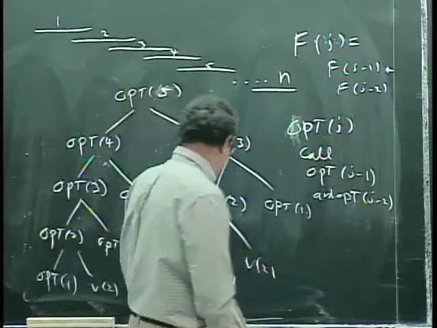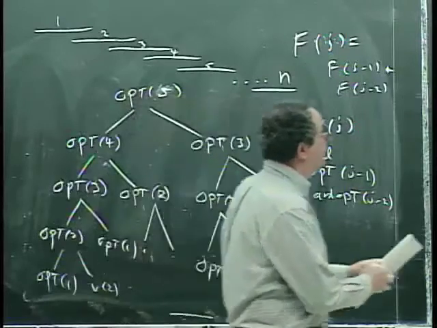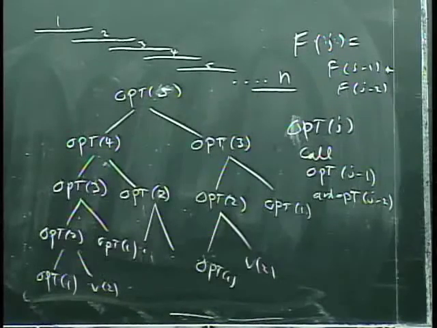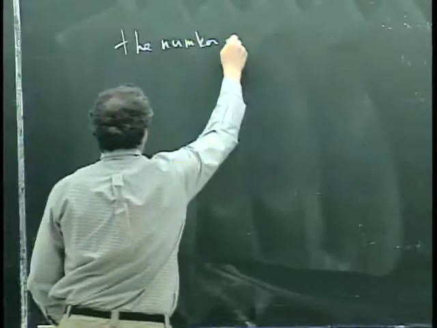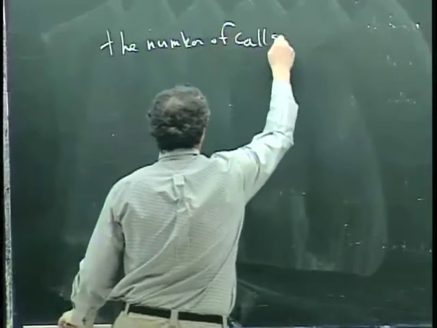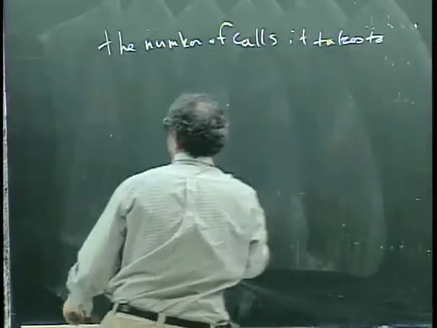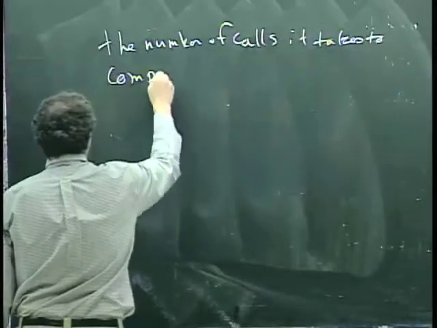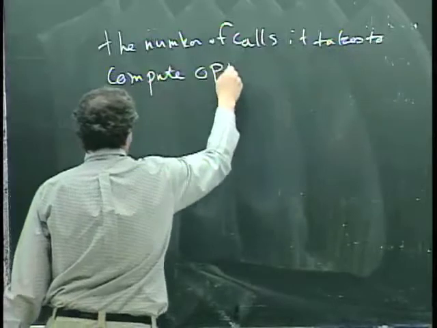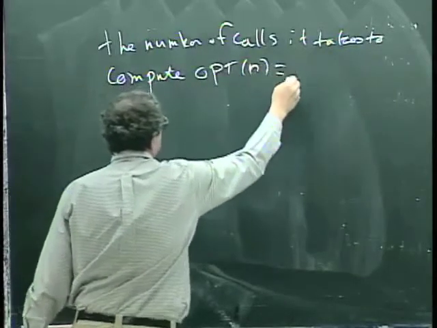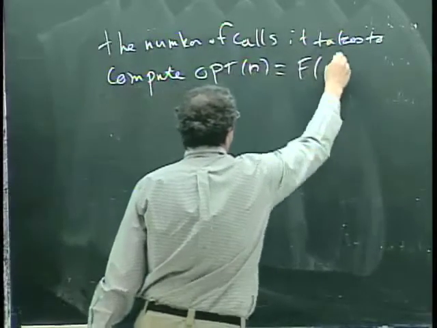So in fact, the number of calls it takes to compute opt of n is equal to the Fibonacci number of n.